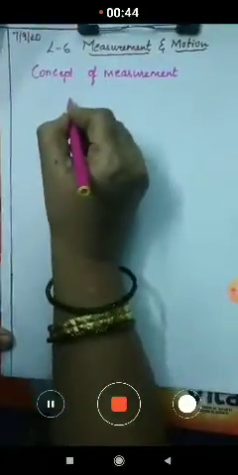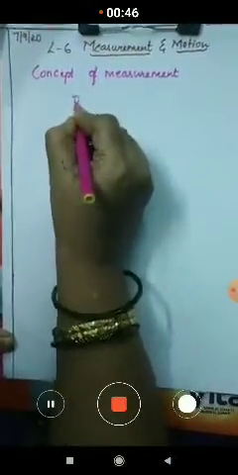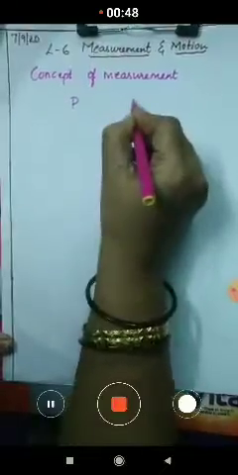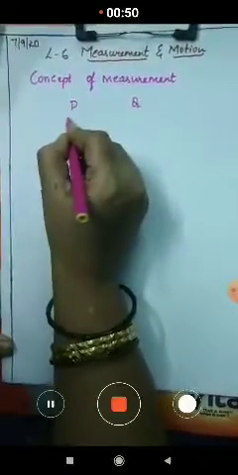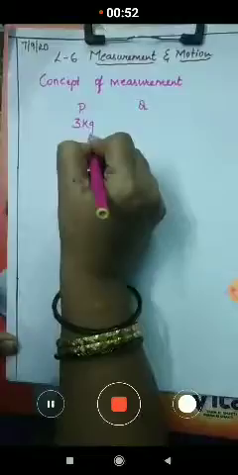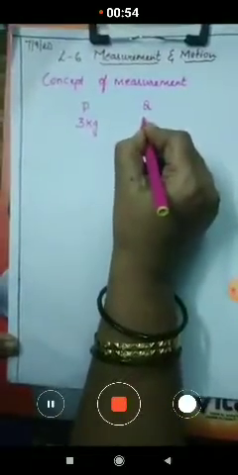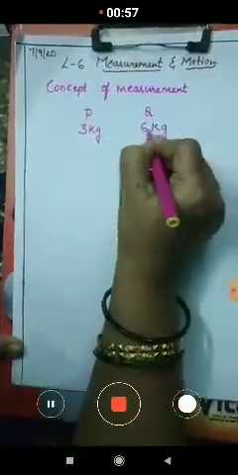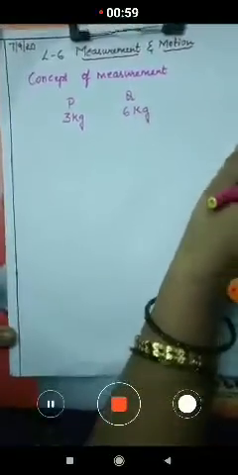Here, for example, we have taken two persons, person P and person Q. They went to the market, and person P needed only 3 kg of apple, and person Q, suppose you think, needed 6 kg of apple.